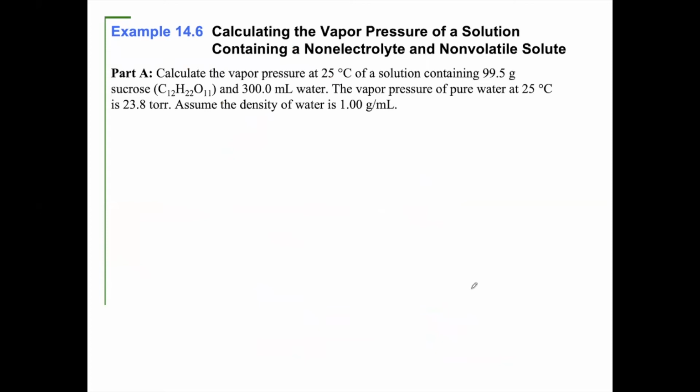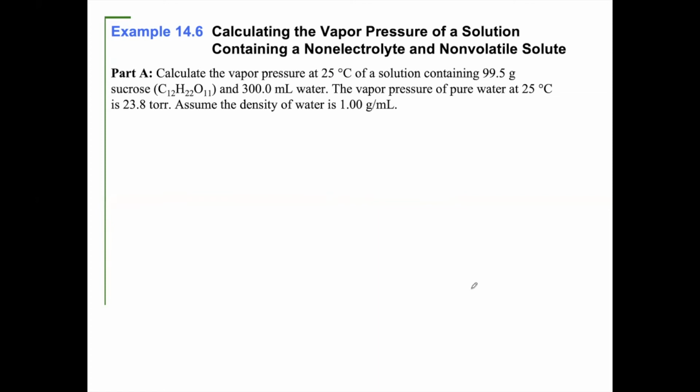Okay, switching gears again. Calculating the vapor pressure of a solution containing a non-electrolyte and a non-volatile solute. So a non-electrolyte does not break up into ions, and you're talking about most molecular compounds with the exceptions of acids. So in this case, sucrose is a non-electrolyte.